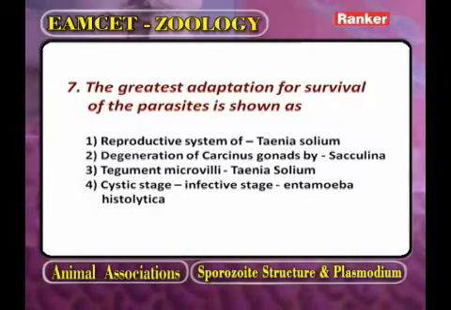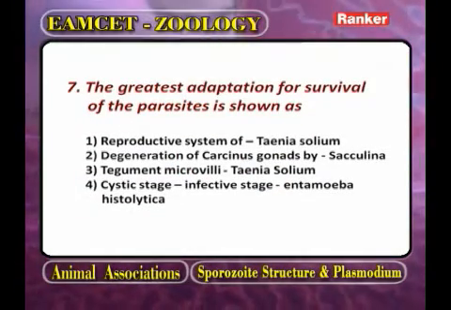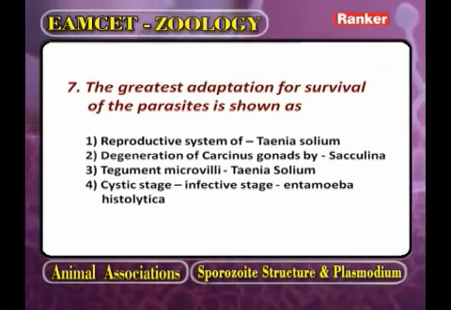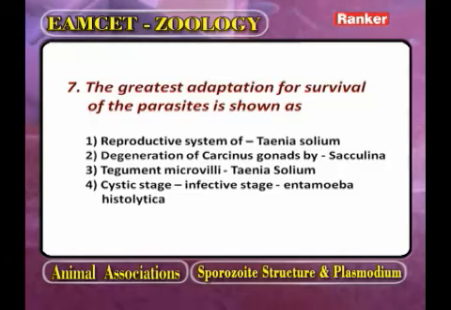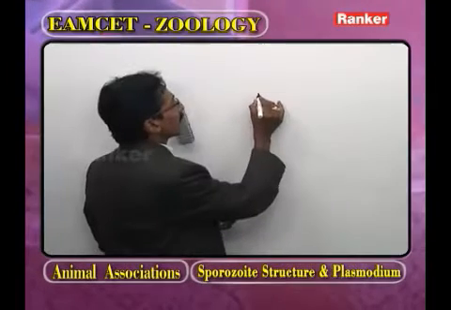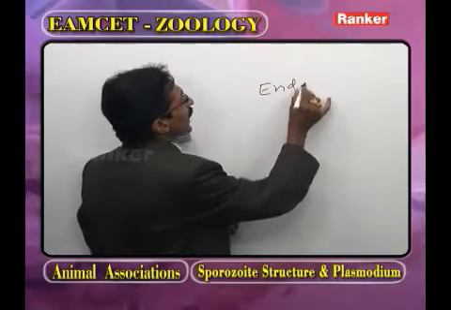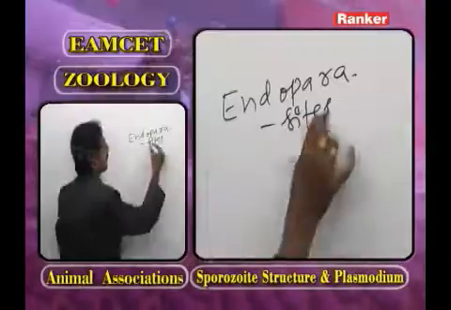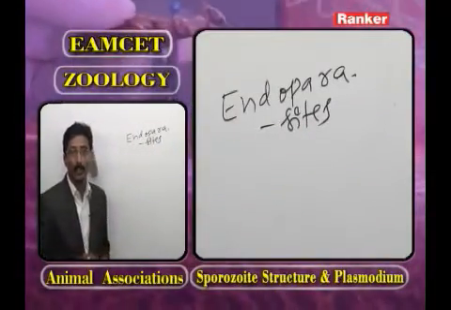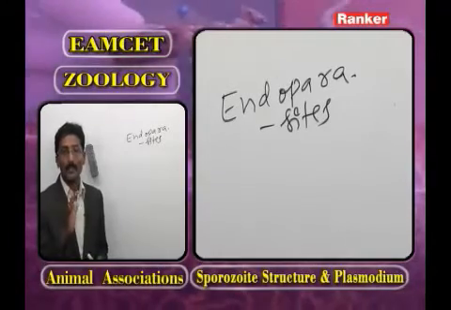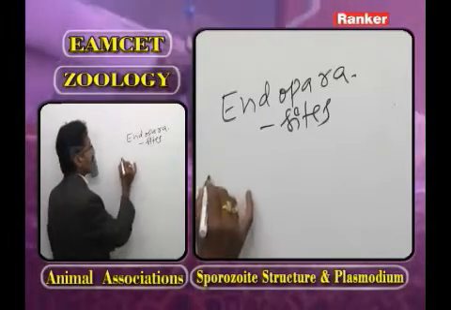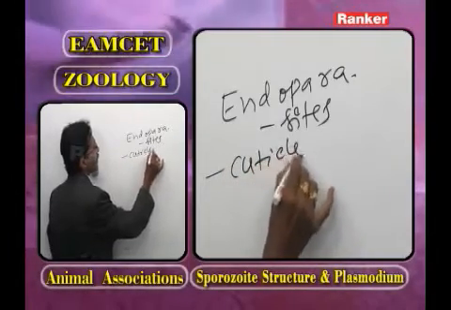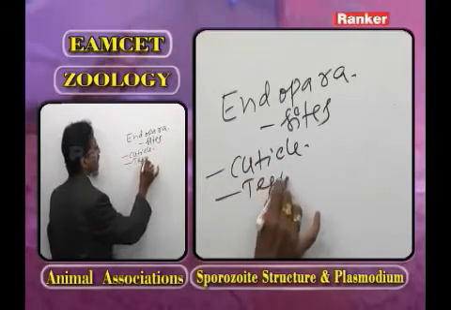The greatest adaptation for the survival of parasites is shown as. Now as we observe the parasitic adaptations, they are generally discussed with reference to endoparasites only. In all endoparasites the body is covered and protected by either cuticle or tegument.